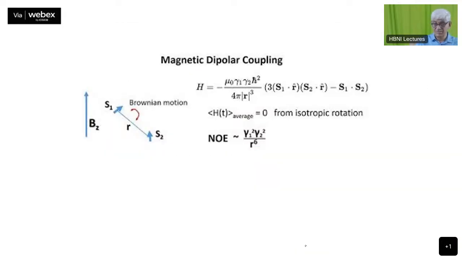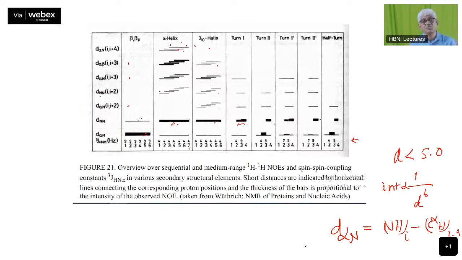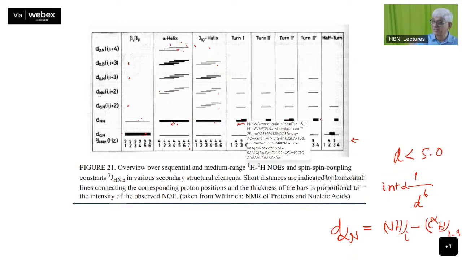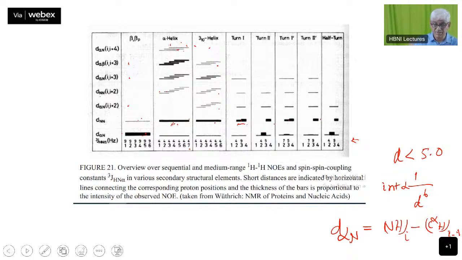So in this, let us say turn 1, you see that the d NN line on the right hand side is a little thicker than on the left hand side. That means that distance is shorter. 3-4 is shorter than 2-3.